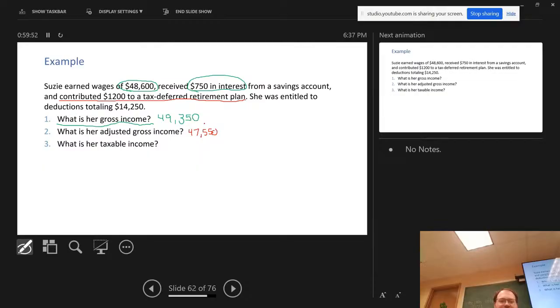Okay. And then from there, the taxable income would be deducting the 14,250. 33,300. Okay.